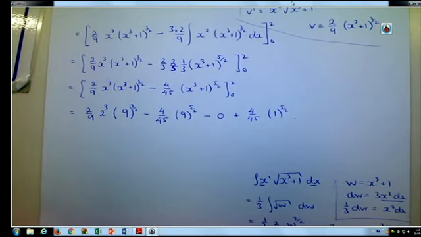Okay, so you substitute in the top bound, and then minus, substitute in the bottom one.